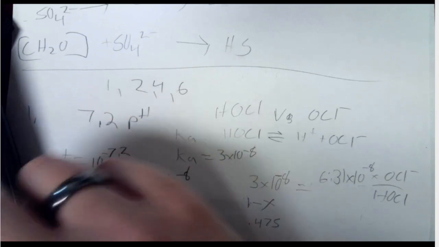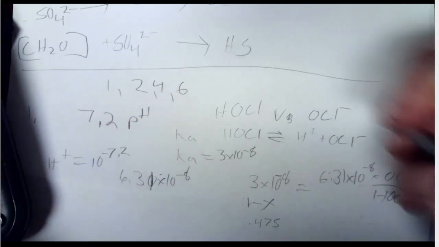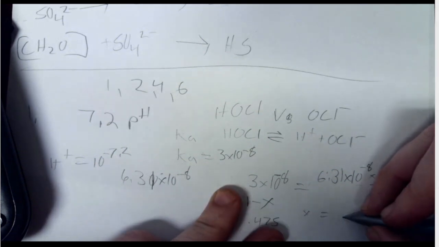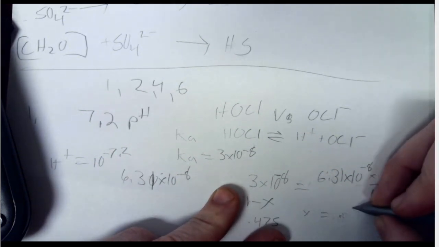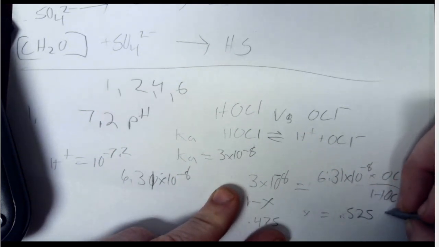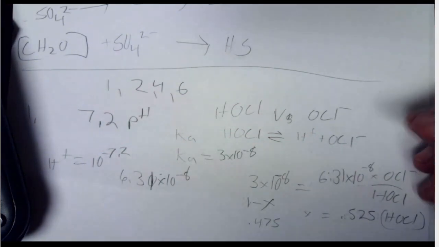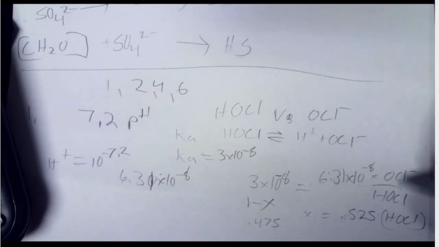So 1 minus 0.475, we get x equals 0.525.